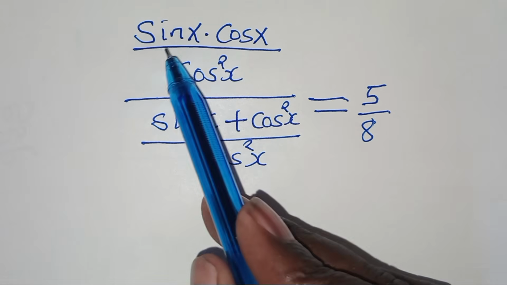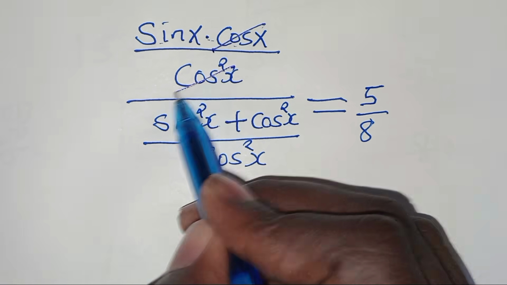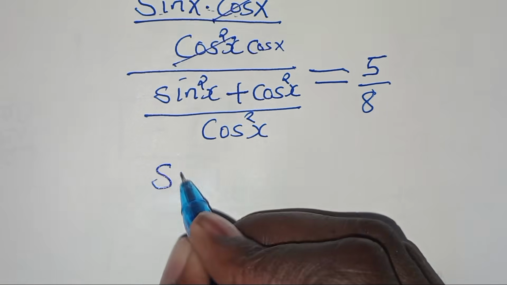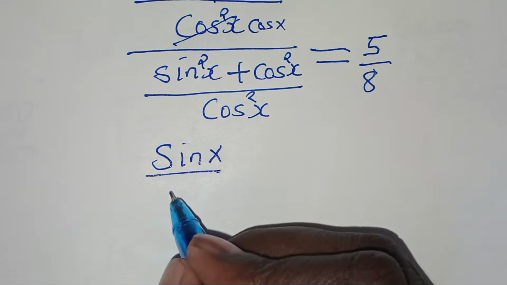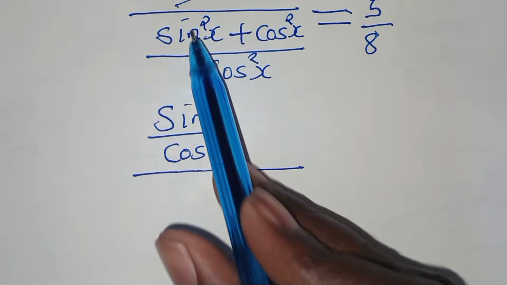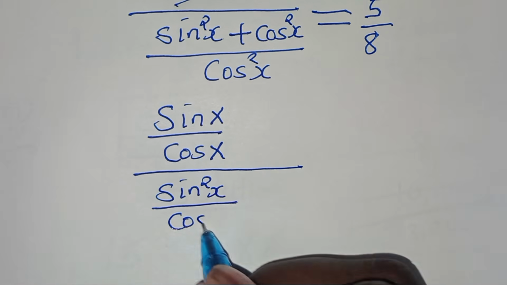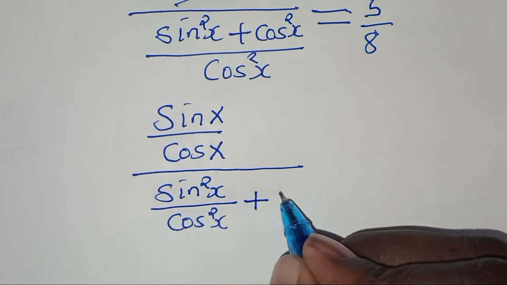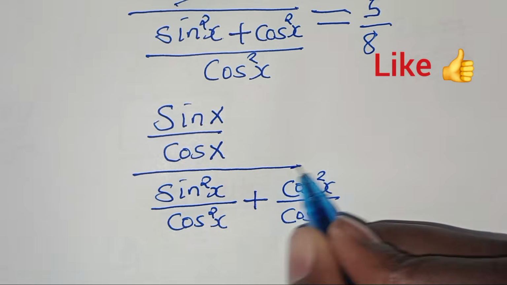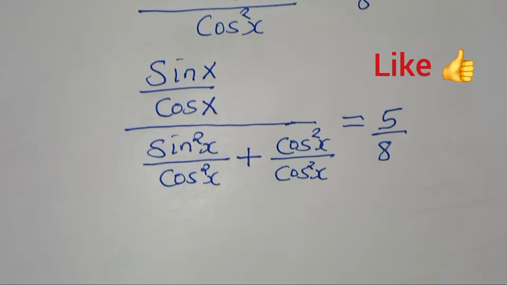Here we have sin x times cos x over cos squared x, so we can simplify to get sin x divided by cos x, then divided by sin squared x divided by cos squared x, plus cos squared x divided by cos squared x. This is equal to 5 over 8.